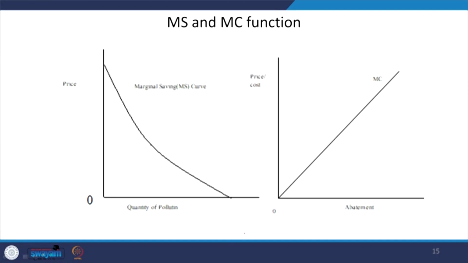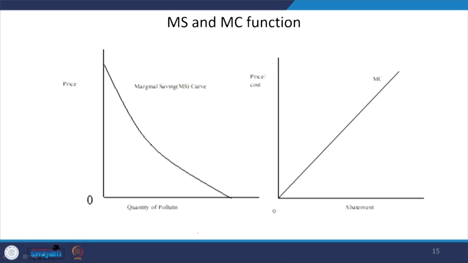Based on this understanding of marginal costs and marginal saving functions and their features, we can say that the marginal saving function will have a negative slope, and the marginal abatement cost function will have a positive slope when starting from the 0 origin, right.